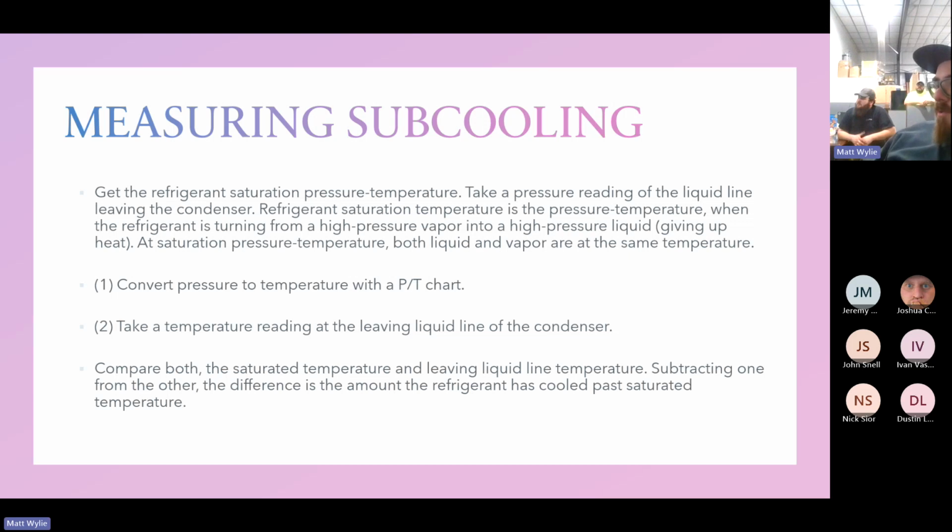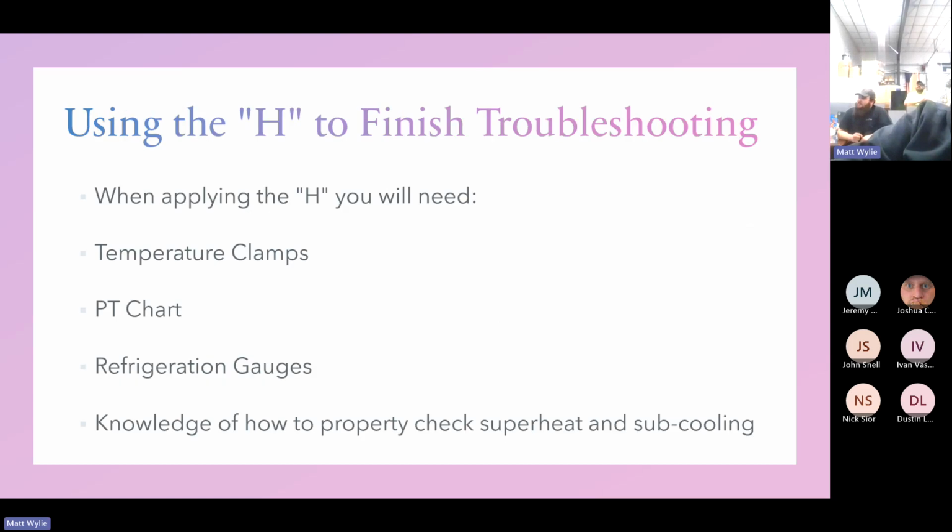So that would be your subcooling. Using H to finish troubleshooting, you will need temperature clamps, a PT chart, refrigeration gauges, and to know how to properly check superheat and subcooling.